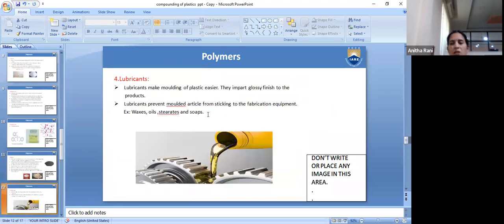Already, students, we have taken a polymer resin, we have added plasticizers, and we have added fillers. Now the fourth one is lubricants.